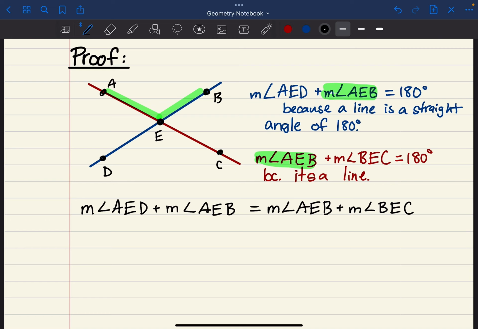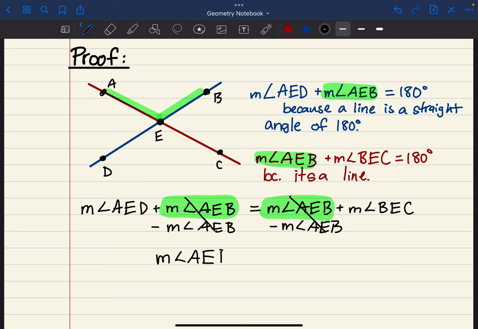We're going to subtract that common angle, the green angle, from both sides. So that's AEB minus measure of angle AEB from both sides to keep it consistent. What that leaves us with is just that the measure of angle AED is equal to the measure of angle BEC.